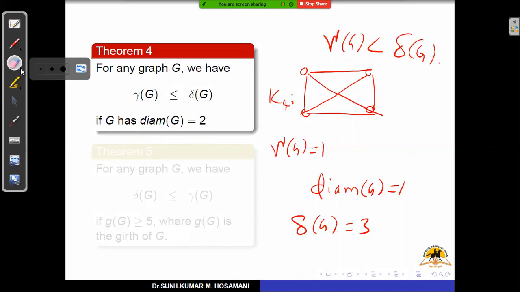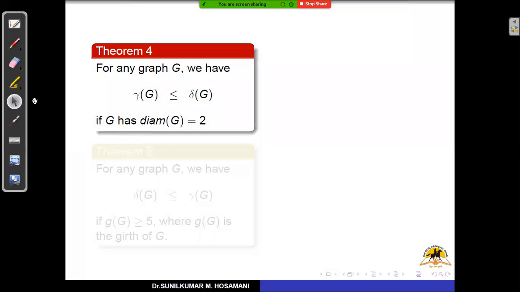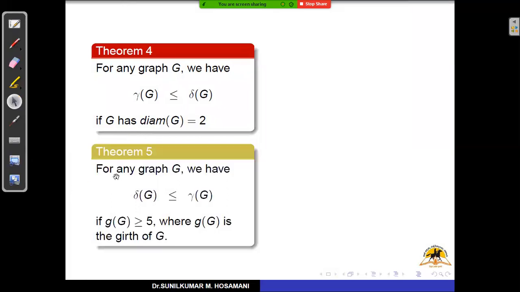So next one. So here this is a lower bound for domination number. For any graph G, we have the minimum degree is less than or equal to the domination number if the girth of that graph is greater than or equal to 5.